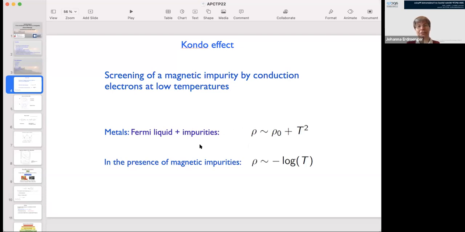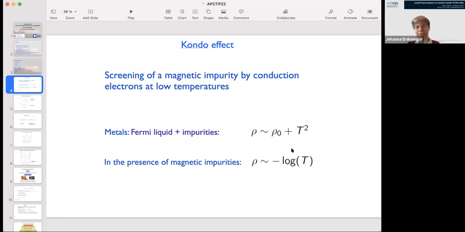But of course, you can always have impurities in your lattices, which lead to collisions of the electrons moving through this lattice. If these impurities are magnetic, then it's actually observed that the resistance scales with minus the logarithm of the temperature. That's a rather interesting behavior, because this means that the resistivity grows again when the temperature becomes very low. And that's rather puzzling.